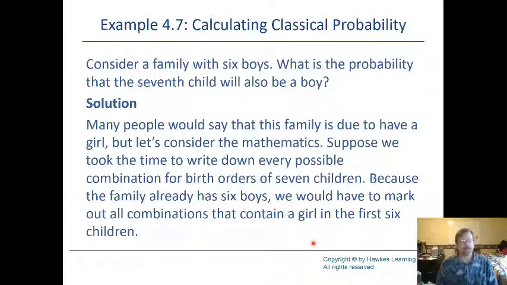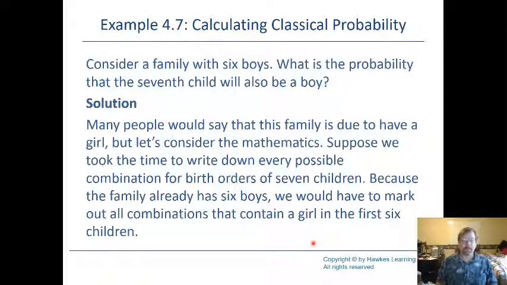So one way to look at this would be to take the overall entire probability set, every combination for birth orders of 7 children. We saw the combinations with birth orders of 3 children already in tree diagrams, so that'd just get significantly larger as we got down to 7 children.